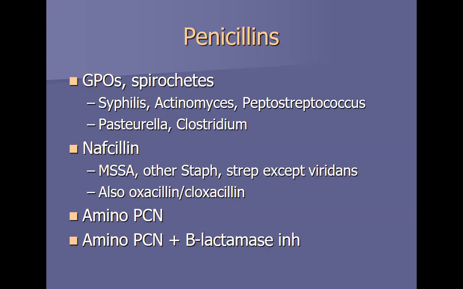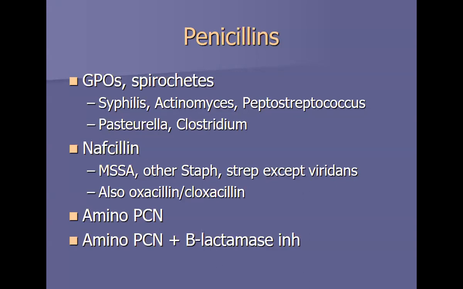Hefty dose of penicillin. And then as you move up the different groups of penicillins, there's nafcillin, which is like a semi-synthetic penicillin, and that is really good against Staph aureus. Also in that group is oxacillin and methicillin. And then the aminopenicillins, which are ampicillin and amoxicillin.